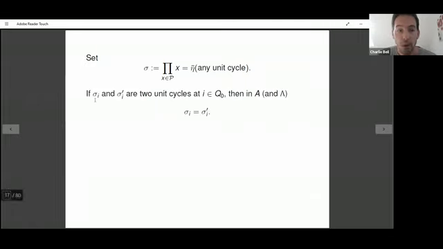The first thing to note is that if sigma I and sigma I prime are two unit cycles at a vertex I, then in the dimer algebra A and the Gorenstein algebra lambda, these two will be equal. In the Gorenstein algebra, it just follows from this right here. But then in the dimer algebra, it's not hard to see that the two unit cycles at any vertex will be equal.